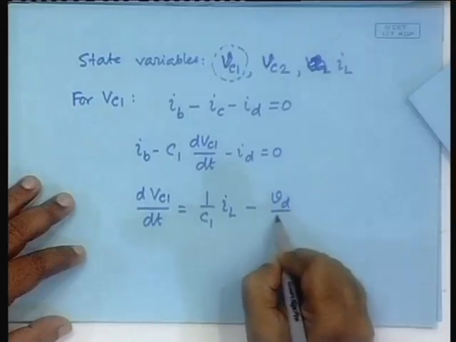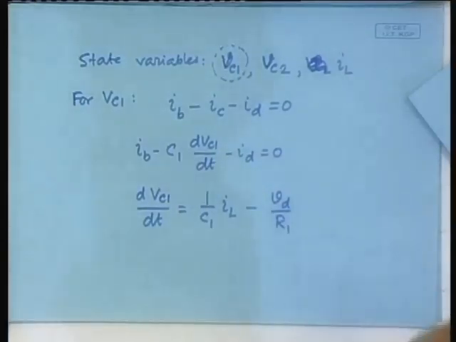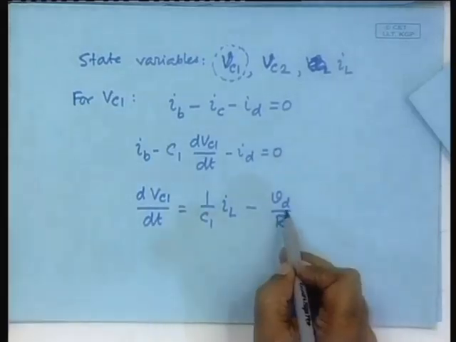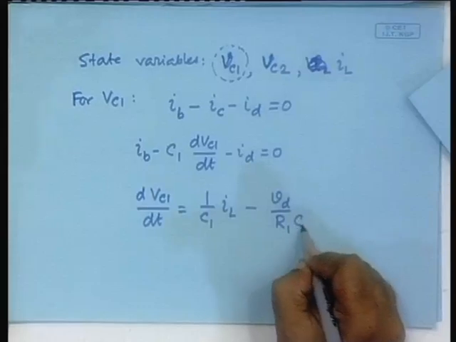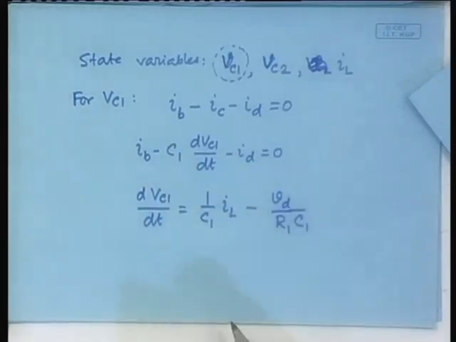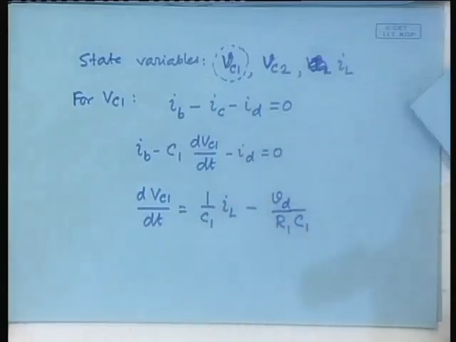VD by R1. Okay. Now, we do not yet know VD. So, VD is not a state variable. So, we need to do something about it.